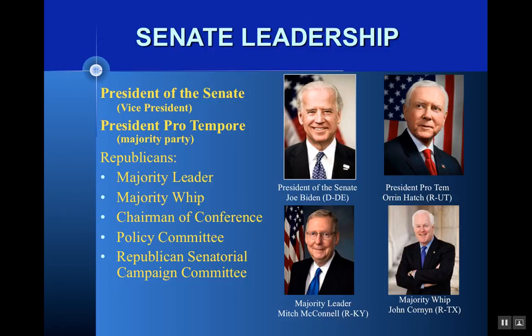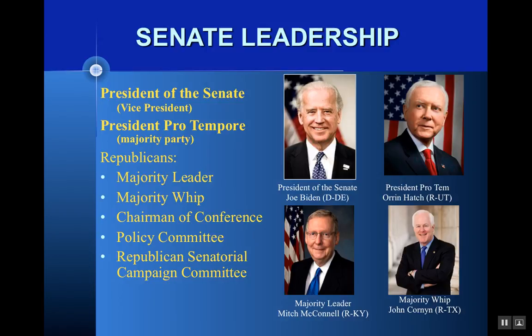But after that, of course, just like in the House of Representatives, the next ranking stuff is connected to the majority party, which in the Senate, just as in the House, is the Republican Party. So underneath the president of the Senate, Joe Biden, is the president pro tempore, which serves in a similar way as the Speaker of the House, sort of.